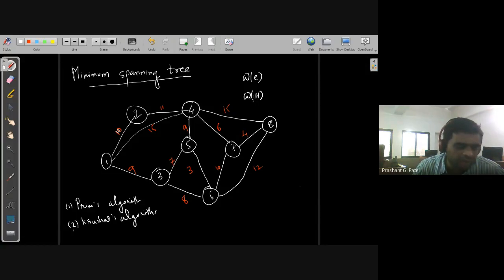A spanning tree of that weighted graph is called the minimum spanning tree if this weight is minimum. And that we are going to learn with these two algorithms. I will first talk about Kruskal's algorithm, and then we'll go for Prim's algorithm.